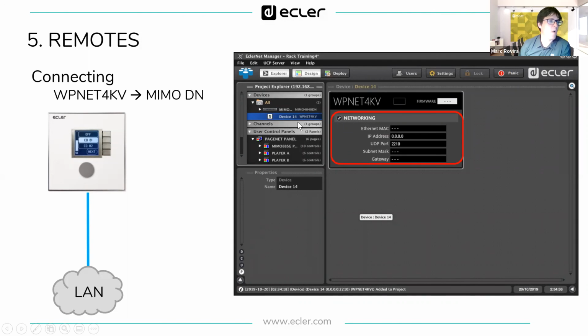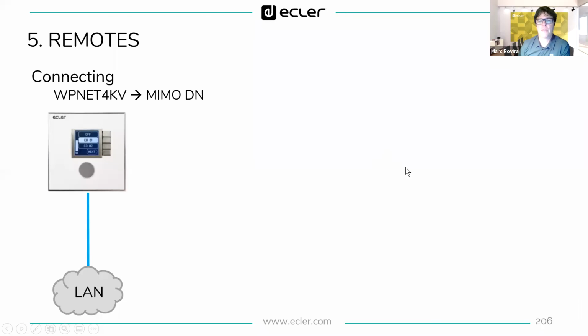The analog ones are not in the device list because they do not belong directly to EclerNet, but to each and every device that is connected to the network. In this case, this remote is not an analog one, it's a digital one, so it's connected directly to the network and appears in the device list. Here you configure the IPs and the network parameters.